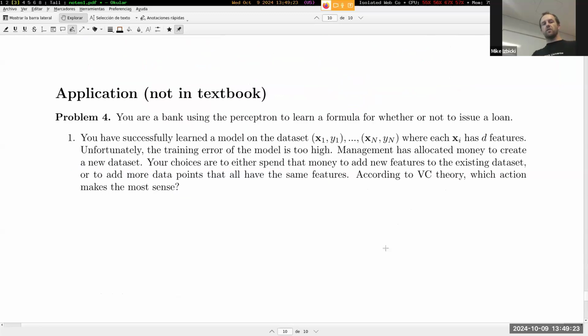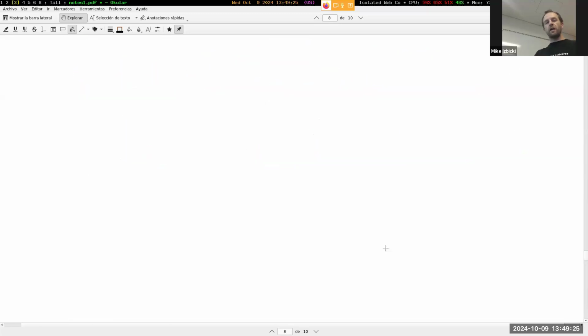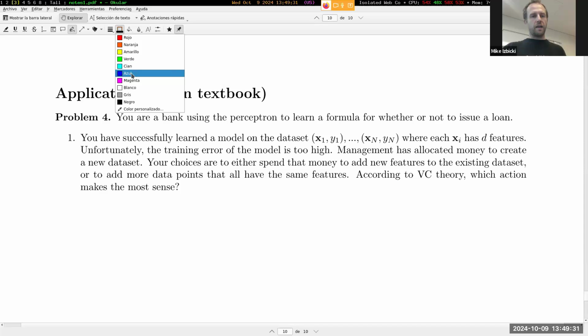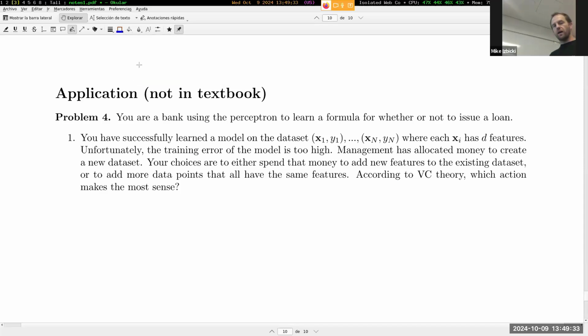The textbook discusses this stuff up here. The textbook does not discuss this stuff down here, this sort of application. The reasoning that's going to happen here in problem 4 is the sort of thing that no textbook discusses, not just this textbook, any textbook.